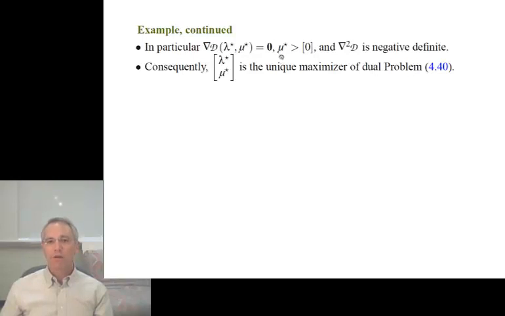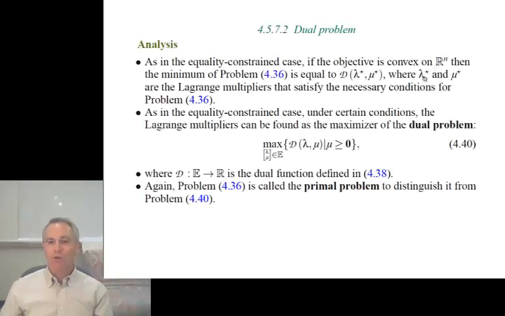If I restrict myself to any lambda but mu greater than or equal to 0, I couldn't possibly do any better, but moreover my value of mu star happens to be greater than or equal to 0. So this means that the value I exhibited, lambda star equal to minus 4, mu star equal to 4, is the unique maximizer of the dual problem, maximize the dual over lambda over mu greater than or equal to 0.